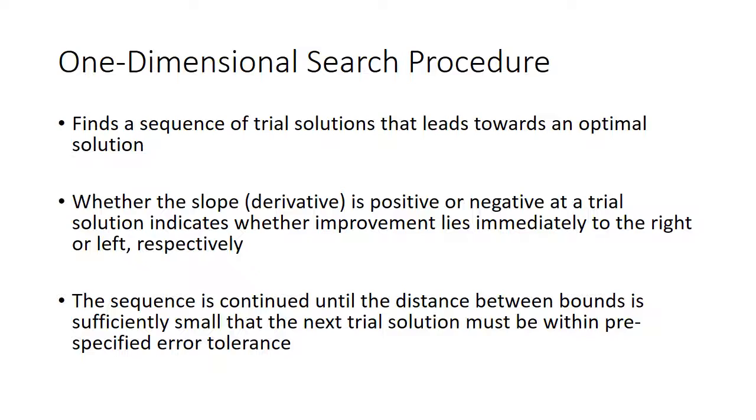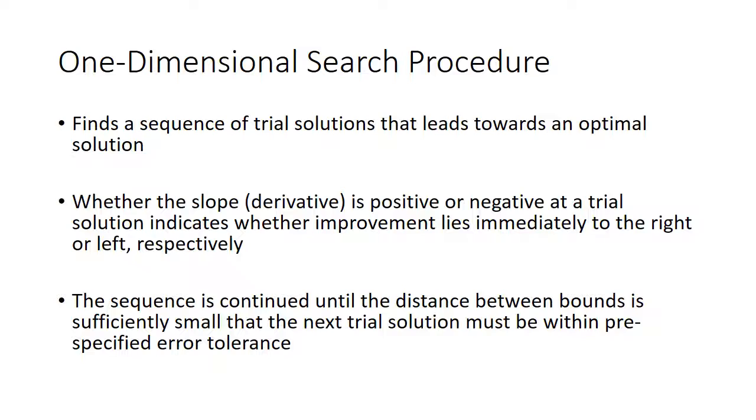Every iteration, the user sees if the slope or the derivative is positive or negative at the trial solution, and that indicates whether improvement lies immediately to the right or left on the graph. If the derivative is positive, the improvement lies to the right, and if it is negative, the improvement lies to the left.